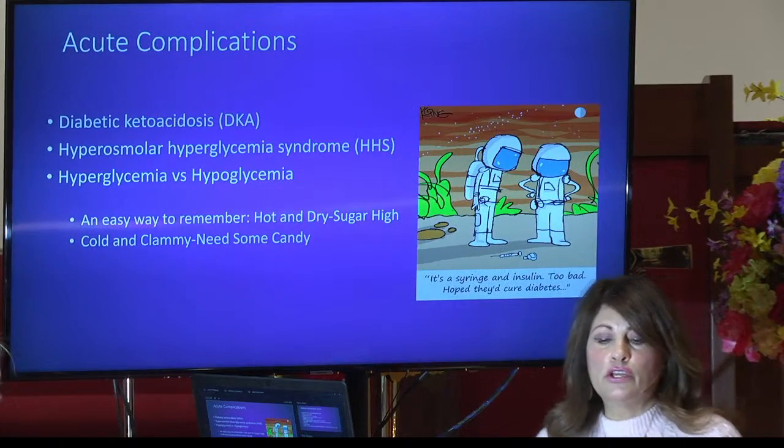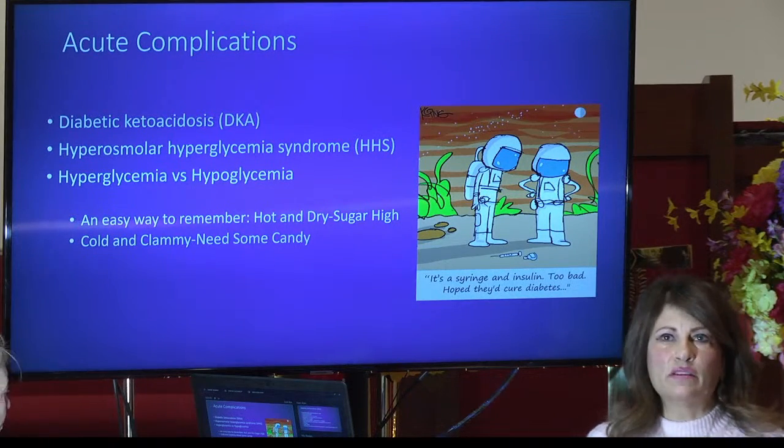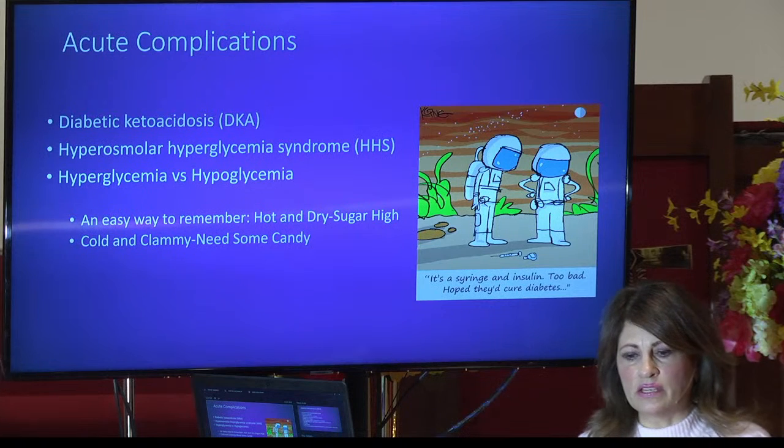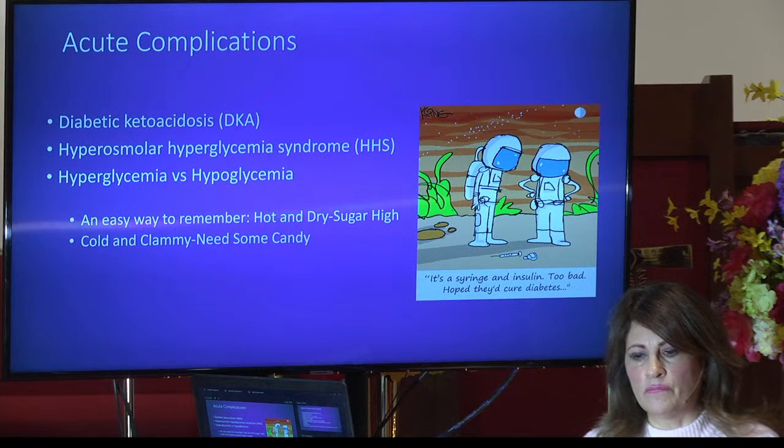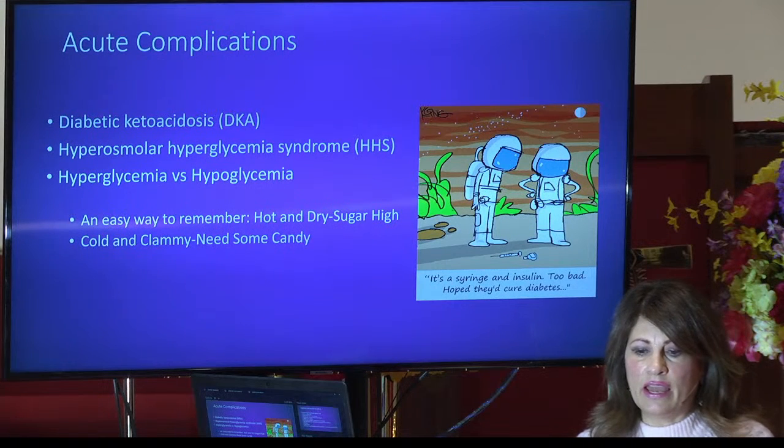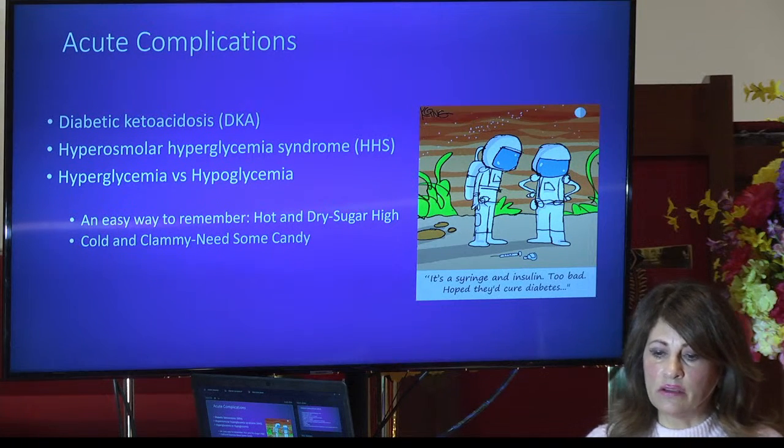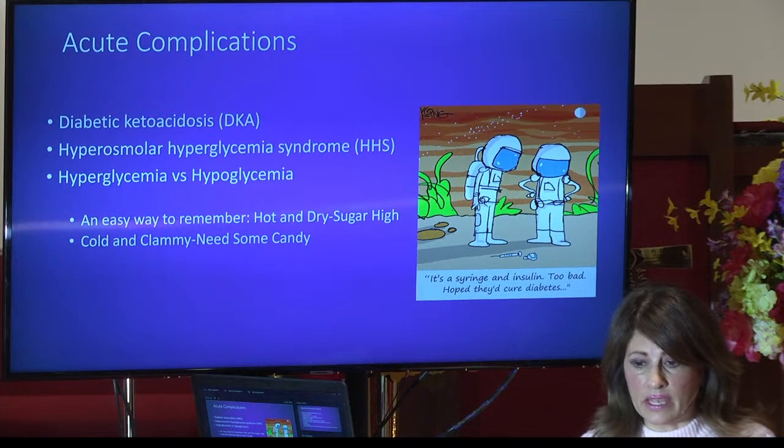So we talk about acute complications. The reason we're giving this talk is because it's not healthy. There are acute complications, and one could be diabetic ketoacidosis.